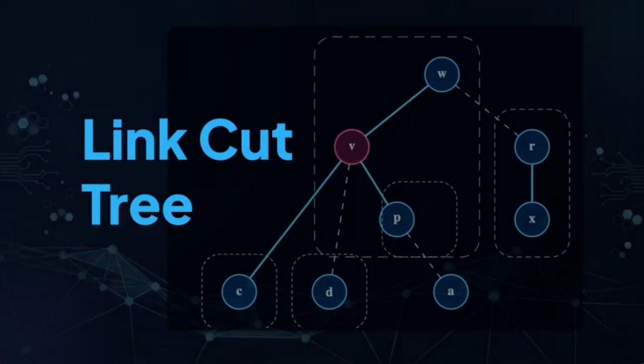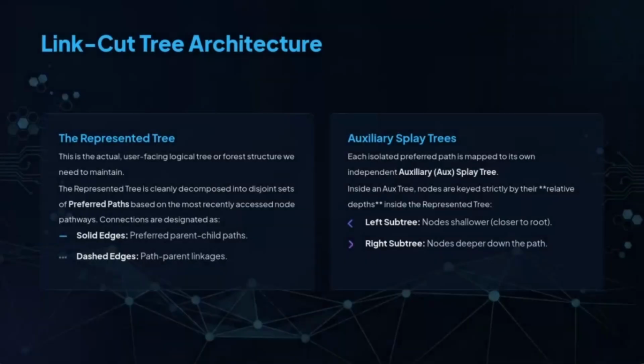Okay, so link-cut tree. Now that we understand the internal mechanics of individual Splay trees, let's zoom out and look at the architecture of the link-cut tree as a whole. To understand the link-cut tree, you have to realize we are actually maintaining two overlapping structural representations at the same time. The first is a represented tree.